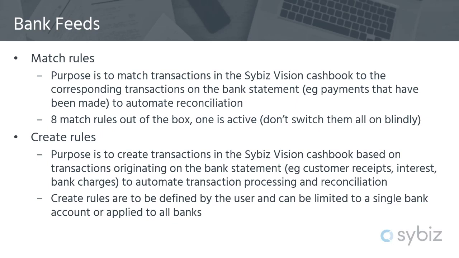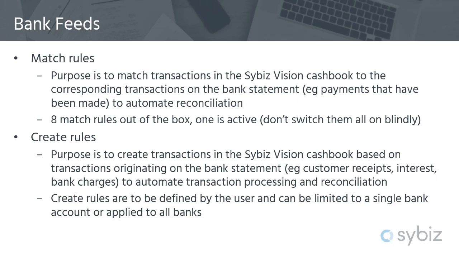Alternatively, if you've asked your customers to use the sales invoice number when they make a payment, then you'll create rules based on the reference of the outstanding transactions, because what you're matching, or creating, at the end of the day is a receipt transaction based on a customer paying an invoice, if indeed that's what they're doing. Or they could, as I said, just be using their customer code because they're making a payment against their account and not necessarily against specific invoices.